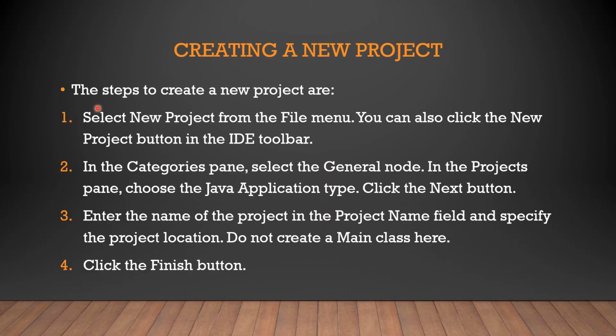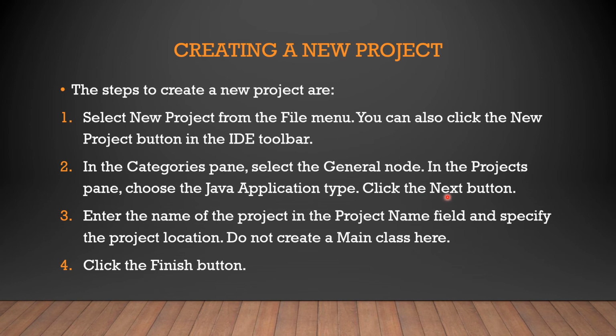Here are the steps written which we have just discussed. Let us have a quick review. Select New Project from the File menu. You can also click the New Project button in the IDE toolbar. As I already told you, options like New Project are available in the toolbar, so you can also click there. Then in the Categories pane, select the General node. In the Projects pane, choose the Java Application type.